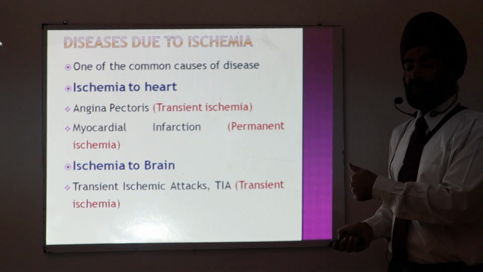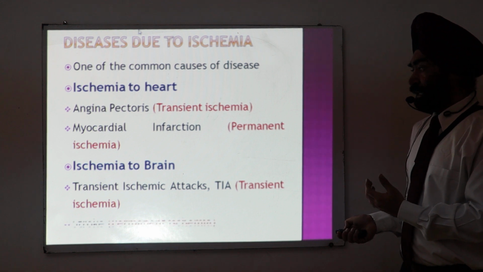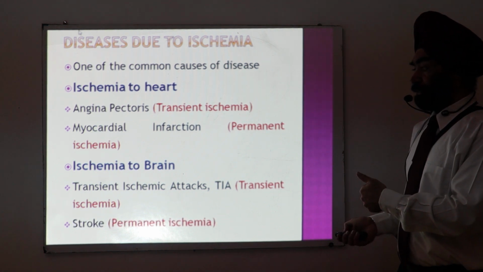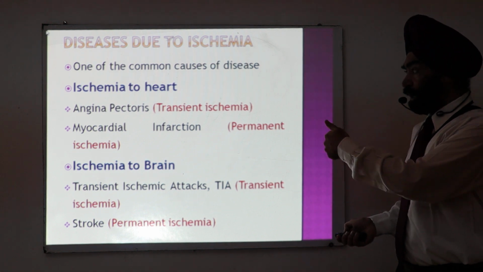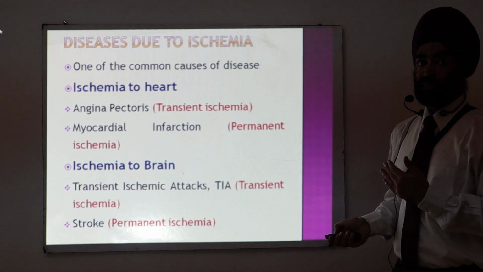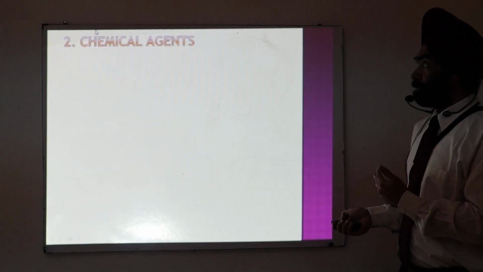But if this ischemia becomes permanent, then we use the word stroke, which is very, very dangerous. Permanent ischemia to the brain is stroke, and permanent ischemia to the heart is called myocardial infarction. These are the very common diseases that take place due to ischemia.